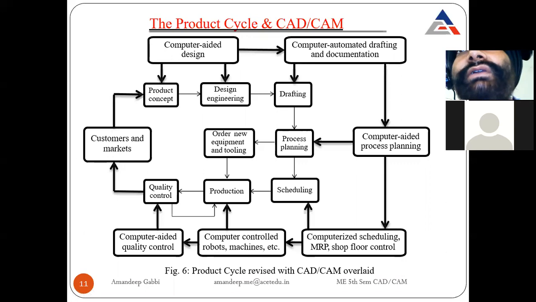Like if Honda has manufactured something, the process is continuous. You get some feedback from the customer, and you keep on changing accordingly. So this is all about the use of computers in the product cycle. So this was a product life cycle with the help of computer.